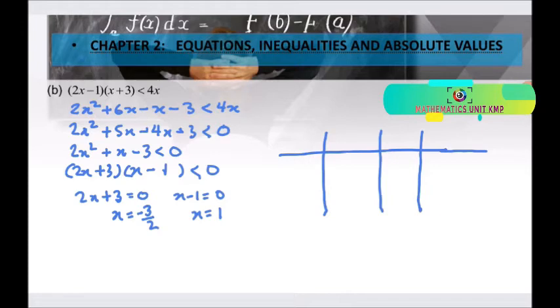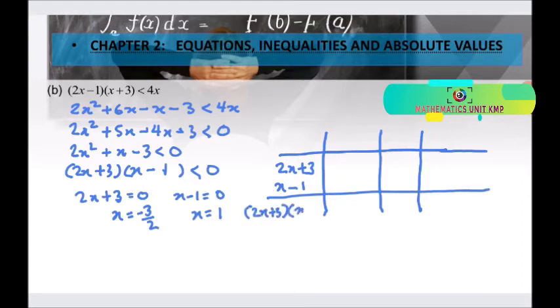Okay, for the first column here, let's put the factors that we already got, 2x plus 3, x minus 1, and the conclusion, 2x plus 3 multiplied with x minus 1. Now we put the roots that we got, negative 3 over 2 and 1.